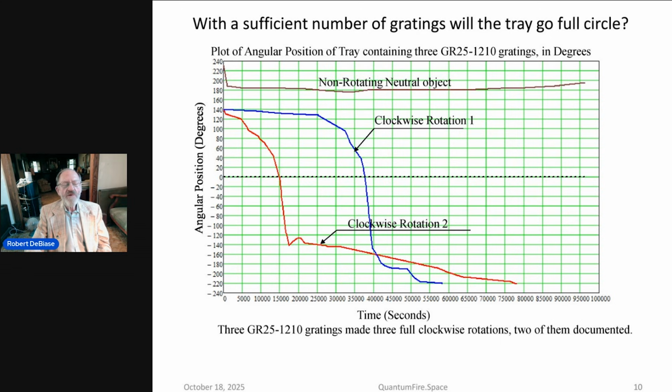And so these are the traces of clockwise rotation 1 and clockwise rotation 2. They start at actually 139 degrees, and you see it goes full circle. It ends up at minus 220, well, actually 221, which is 139 degrees again. So they both went full circle.